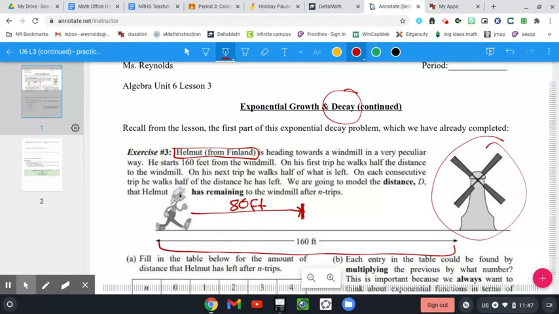And again, on his next trip, he walks half of what's left. So again, since there's 80 feet left, he's going to walk 40 more feet because that's half of 80. Okay, and then he's just going to keep following that pattern. He's just going to keep going half of what's left until, well, I guess we'll see.